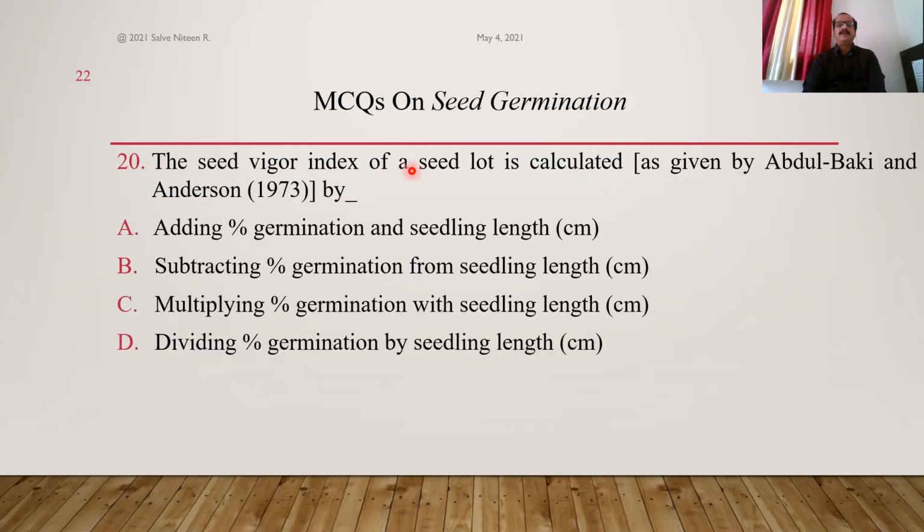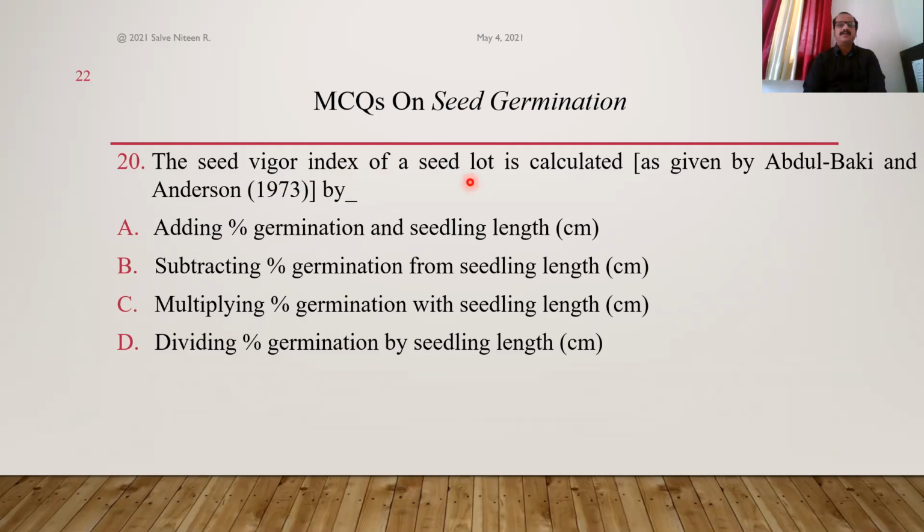This index is calculated by adding percentage germination and seedling length in centimeter or millimeter, or subtracting, or multiplying percentage germination with seedling length, or dividing. So what is the exact formula given by Abdul-Baki and Anderson in 1973 for calculating the seed vigor index of a seed lot?